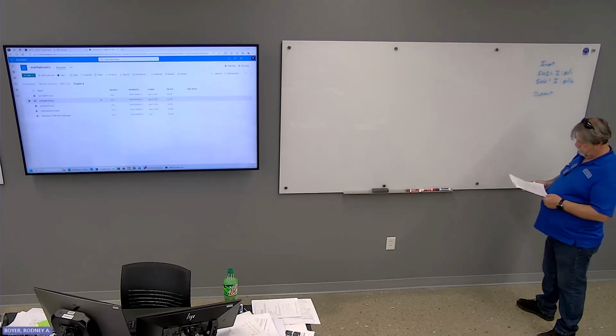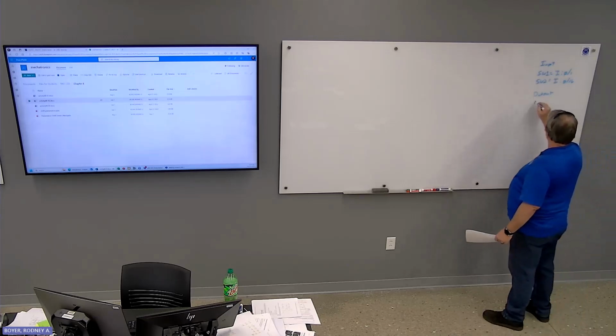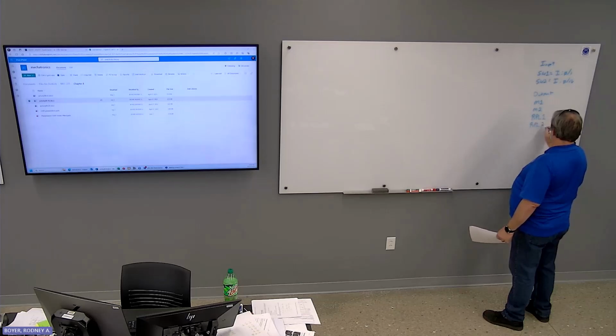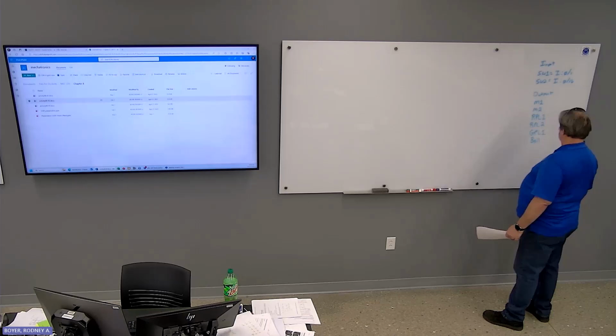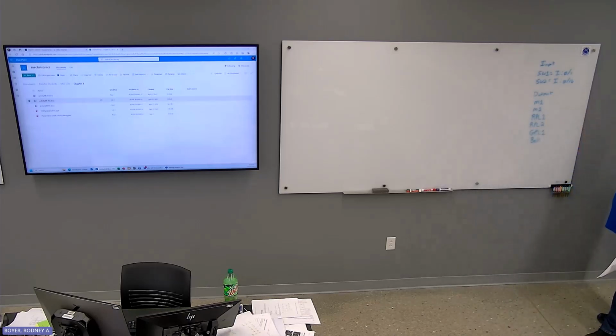Motor 1, motor 2, red pilot lights 1 and 2, green pilot light, and bell, right? That's pretty much it.